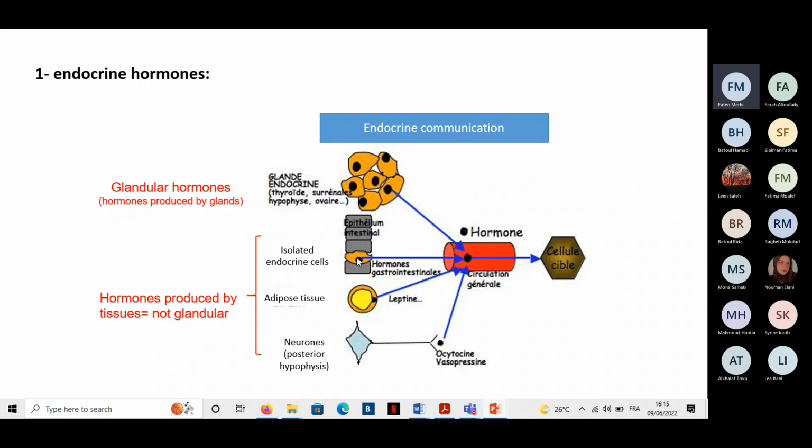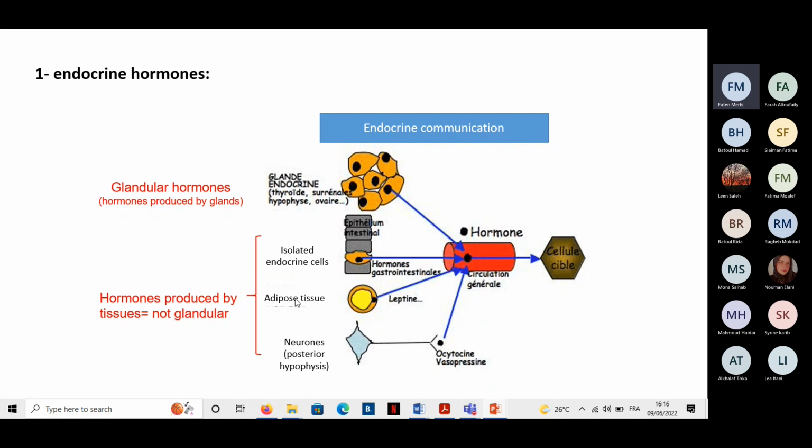We call them endocrine cells, like in the intestine, for example. In the intestinal epithelium, we have the epithelial cells, but between them we can have some scattered cells which have the possibility to produce hormones. We call them endocrine cells. So those are cells that produce endocrine hormones but are not part of a gland.